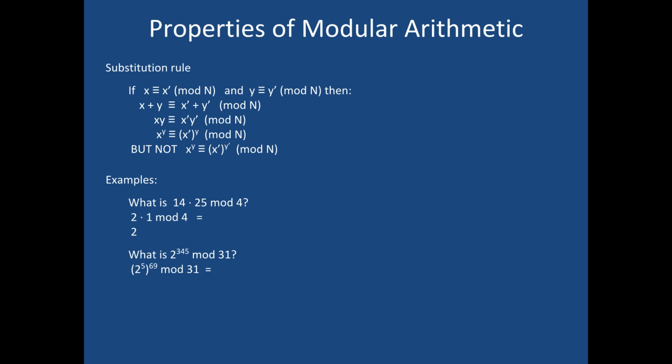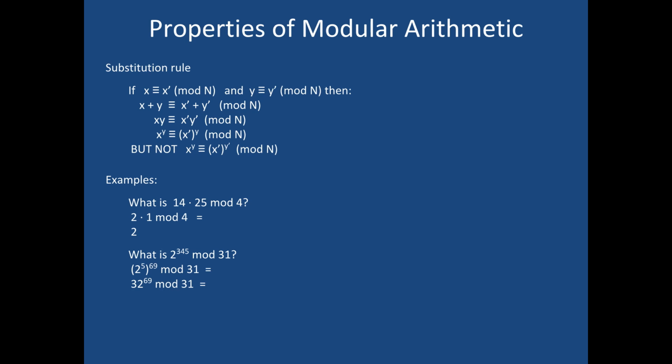Right. So 2 to the 345 is also 2 to the 5th, to the 69. But what's 2 to the 5th? 32. And what does the substitution rule say? We can replace this with anything that's congruent to 32 mod 31.